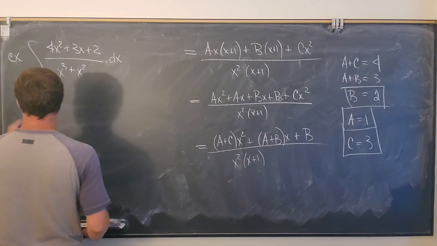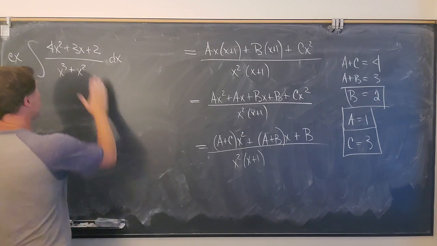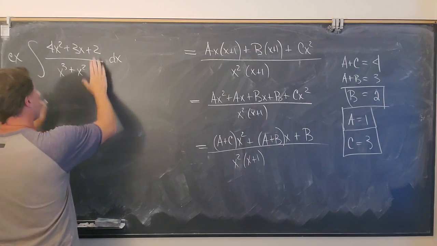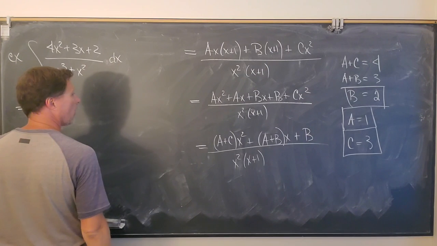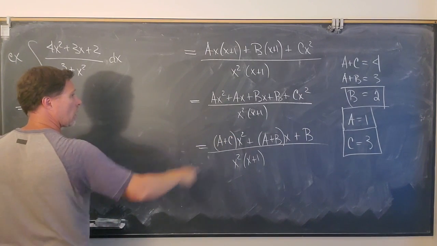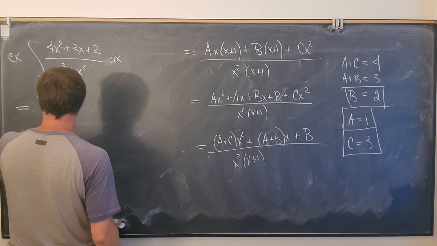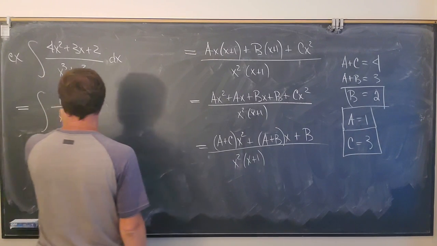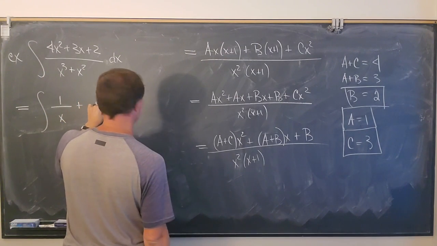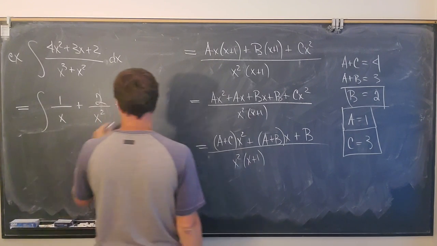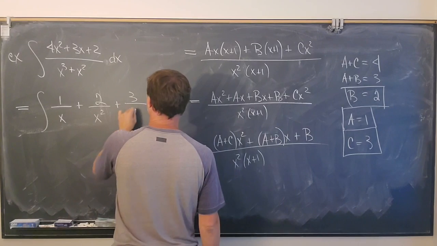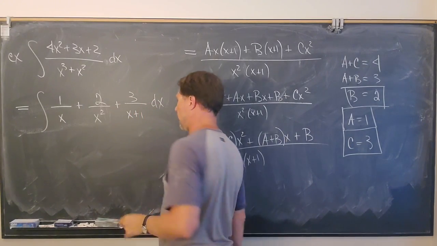All right, so now let's return to the fact that we're integrating. This integral will be equal to the integral of a is 1, so 1 over x, plus b, which is 2 over x squared, plus c, which is 3 over x plus 1 dx.